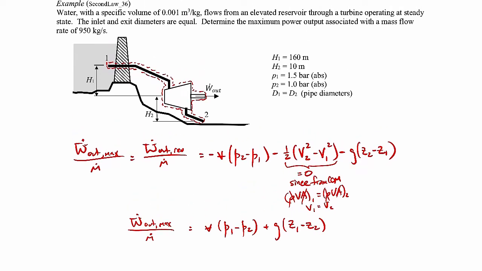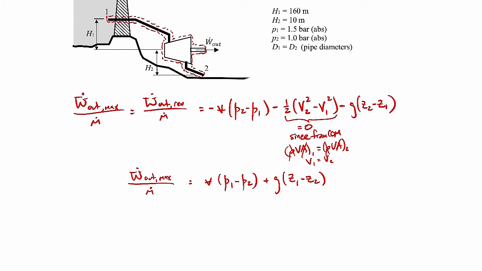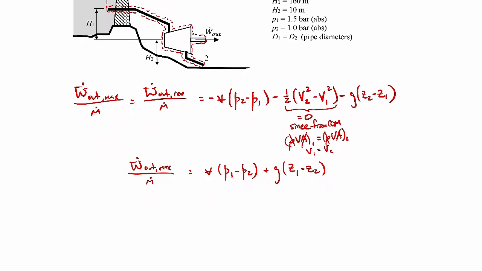So the specific volume is given as 0.001 cubic meters per kilogram. So let's just write that down. That corresponds to, just by the way, a density of 1,000 kilograms per cubic meter.